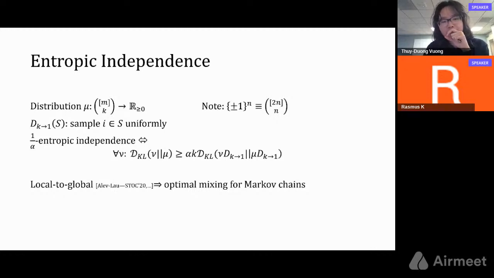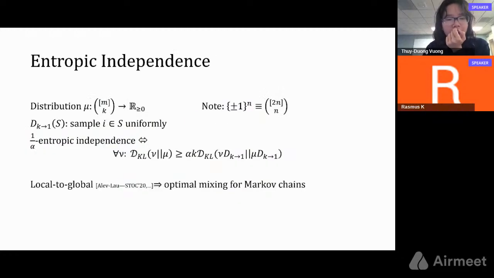If you know the local-to-global framework by Alev and Lau in STOC 20 and some other people more recently, you can combine these inequalities to establish the desired entropy contraction of the Markov chain operator. That implies a lower bound on the entropy contraction factor, the rho entropy I talked about in the previous slide, and that in turn implies optimal mixing for the Markov chain.